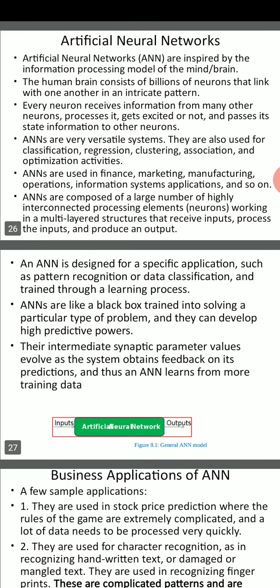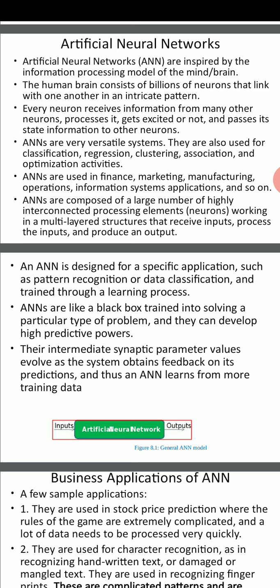Next is artificial neural networks. I hope all of you have gone through this particular topic as an elective subject in your previous semester. This would be a brief introduction or a revision. Artificial neural networks are inspired by the information passing model of the brain.